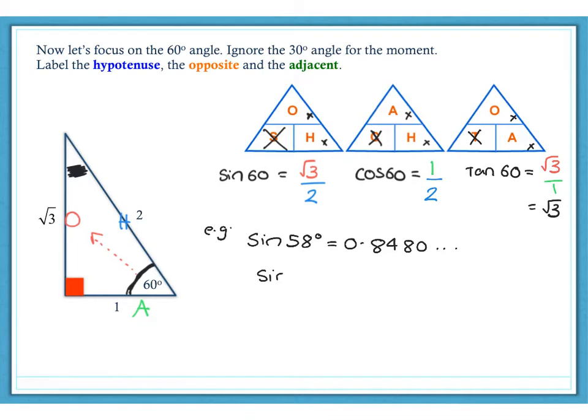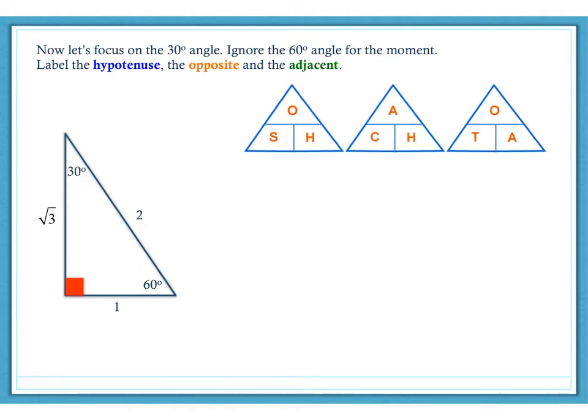But the sine of 60 is an exact value. It's root 3 over 2. And there are certain other angles which also have exact trig values, and we're going to have a look at some other ones. So let's come back to the right angle triangle.